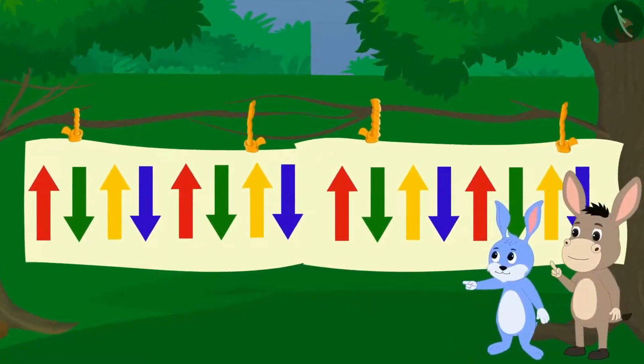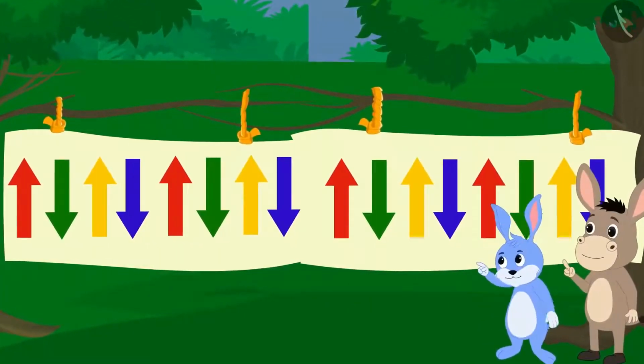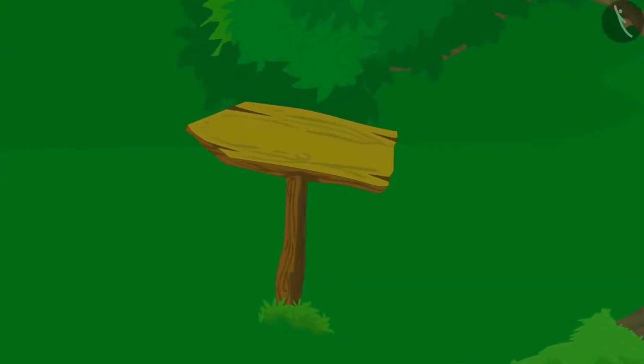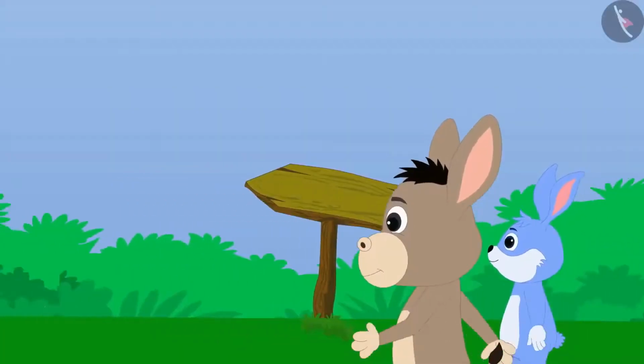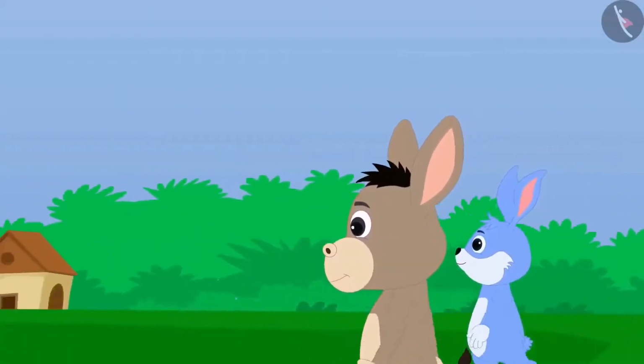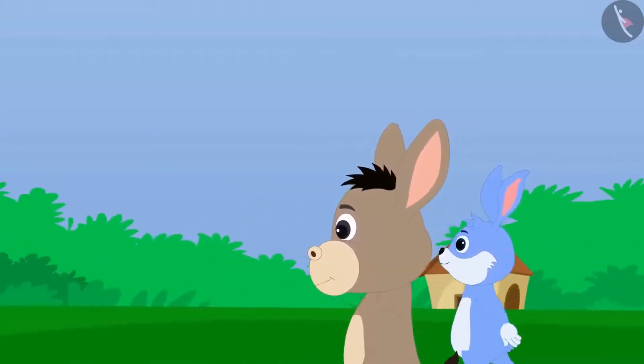As soon as the pattern was completed, Bunny and Bhola once again saw another arrow sign on their way to the exit. Bunny and Bhola started moving in the direction of that arrow.